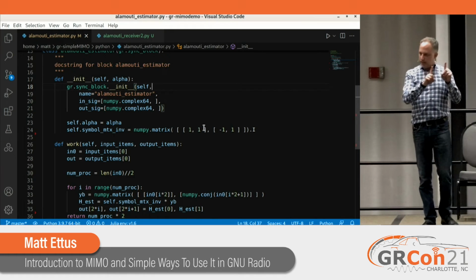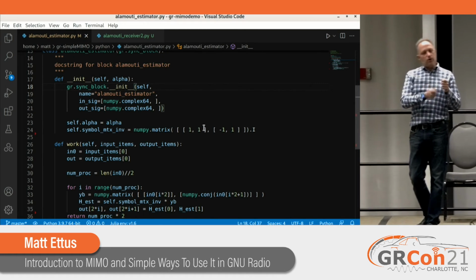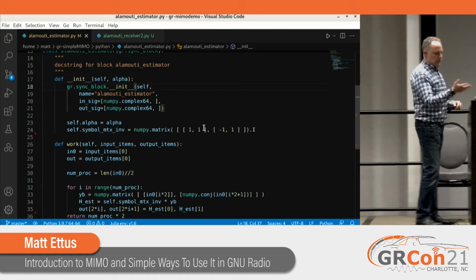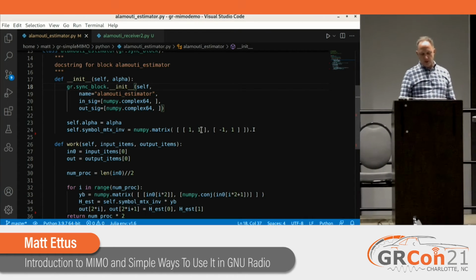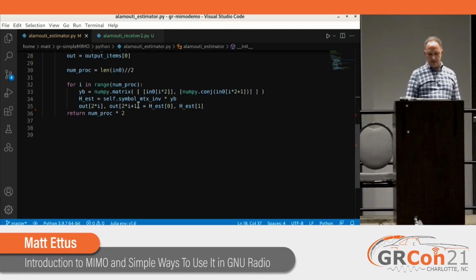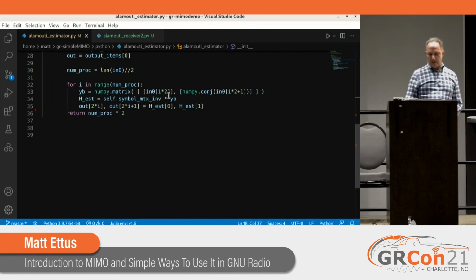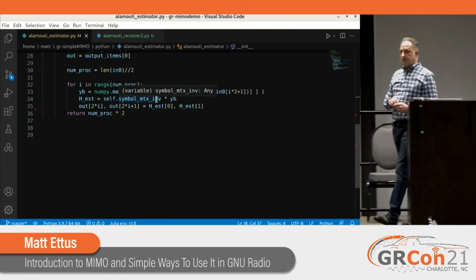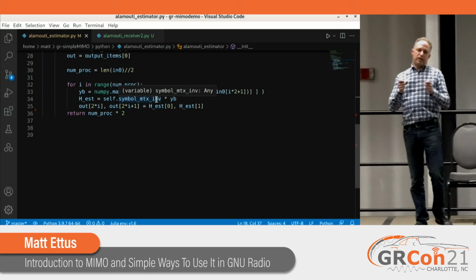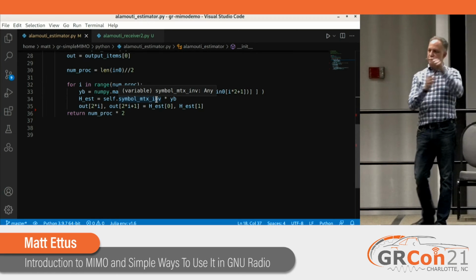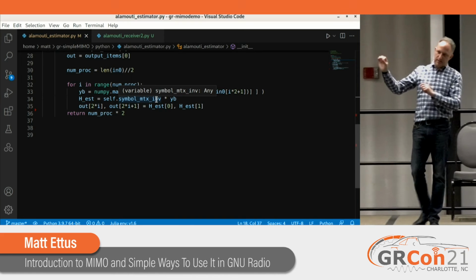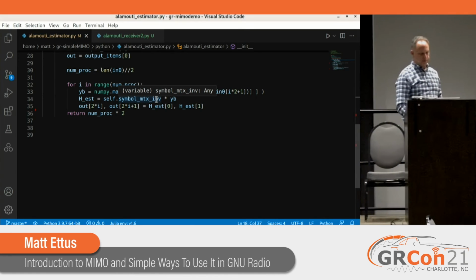We just send a 1, 1 in the pilot, and that gets Alamouti encoded along with all the data. This is the matrix we need to invert, and every time we receive, we multiply by the inverted matrix, and that tells us the channel coefficients from the two antennas to R1. Remember, this is single receive in this example.